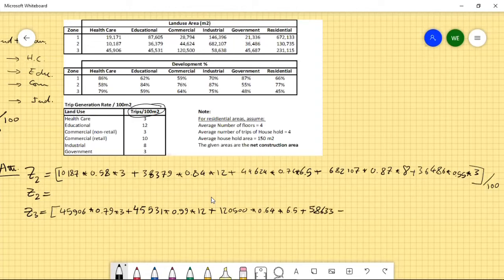That's the industrial, multiply 0.75 multiply 8 plus the government, which is 45,687 multiply 0.48 multiply 3. Okay.